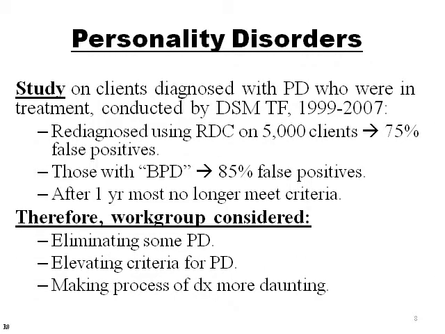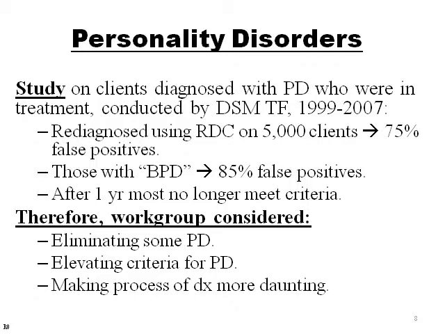Well, there were a number of studies that were done as part of the development towards DSM-5. One of the studies went back and diagnosed clients who had been previously given a diagnosis of a personality disorder and who were in fact in treatment for a personality disorder.